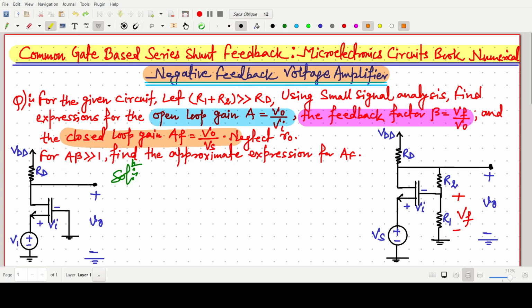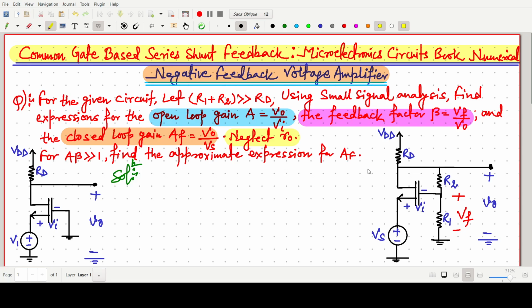Closed loop gain, V naught upon Vs. And we have to neglect r naught, that is the channel length modulation, so no need to worry about the resistance r naught. And also we have to find the approximate expression for Af, so that we will do later.